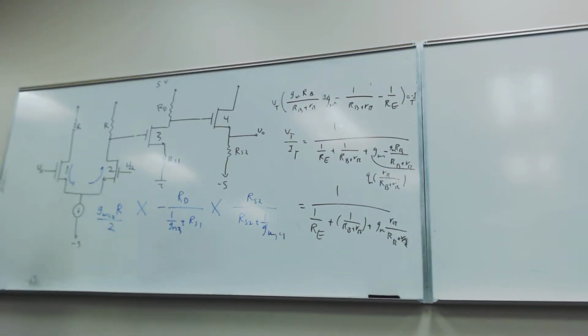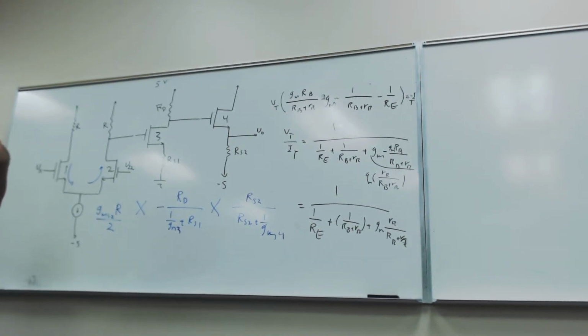When you compare apple to apple, GM of a BJT is actually larger than the CMOS of the same comparable technology. Okay, because they're built based on completely different features, so it's hard to define apple to apple. But if you compare apple to apple, BJT is going to give you larger GM, so a smaller 1/GM.